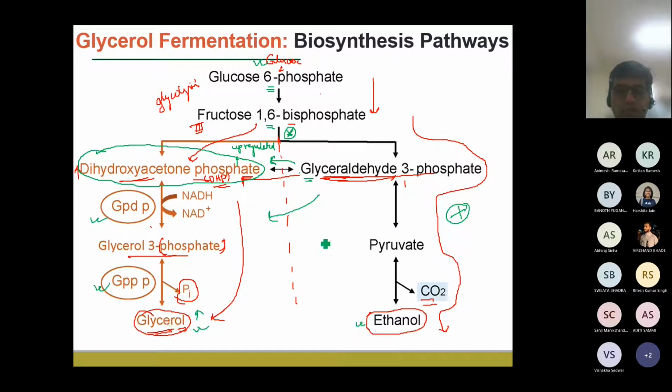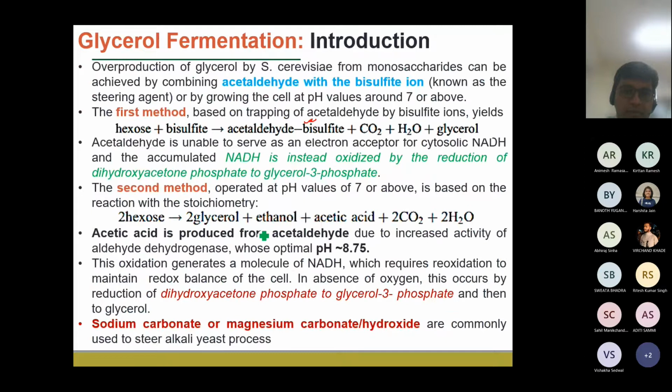To carry this out, there are several strategies for converting glyceraldehyde 3-phosphate to DHP. One of the strategies is trapping of the acetaldehyde by bisulfite ions. The bisulfite ions react with the hexose and produce acetaldehyde bisulfite, with the release of carbon dioxide, water, and glycerol.